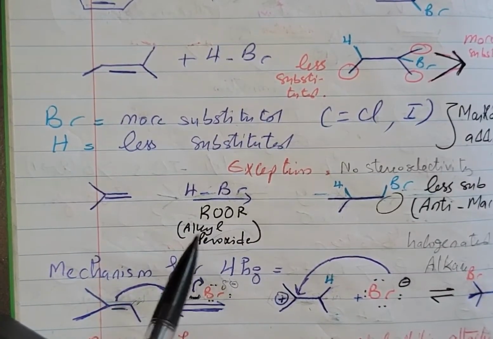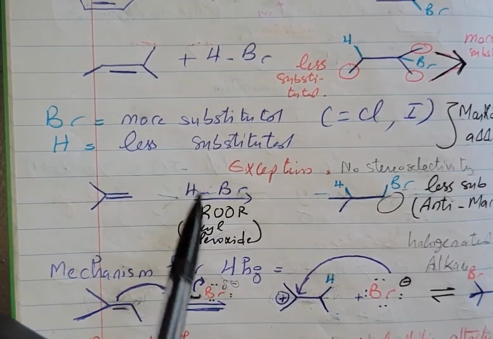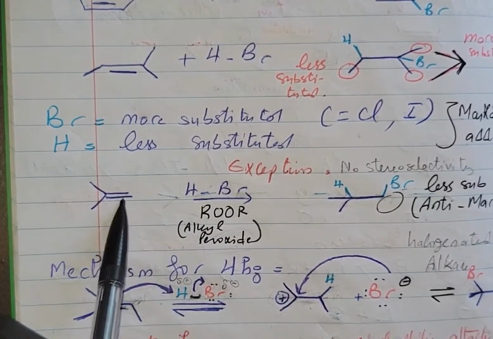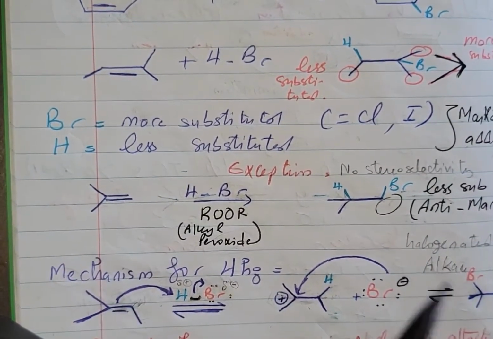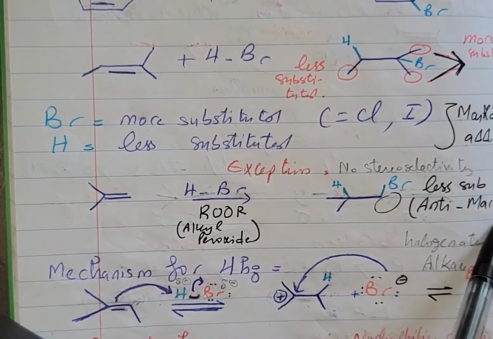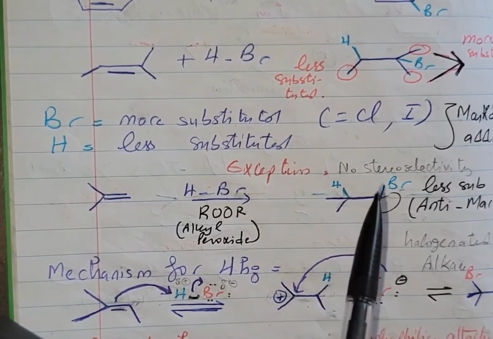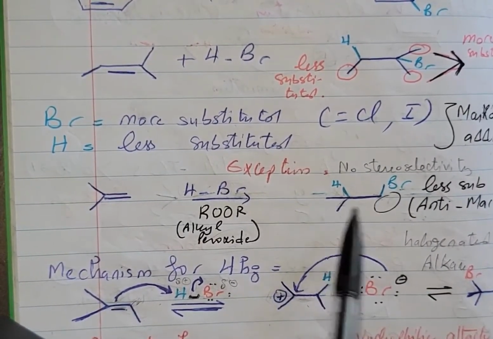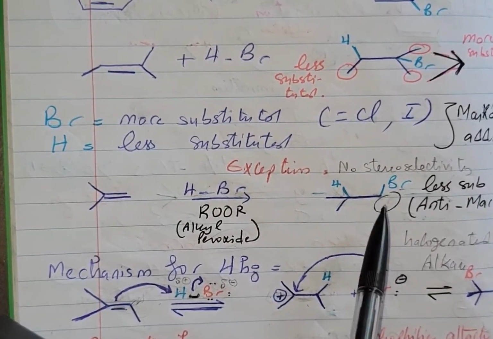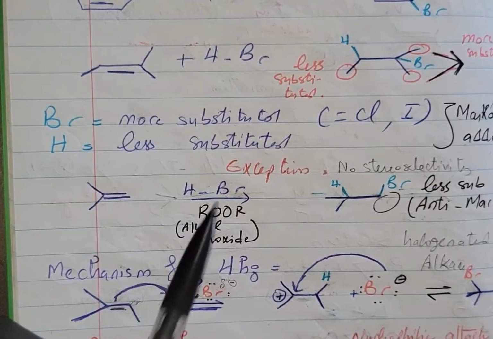So whenever you see an alkyl peroxide, like with the hydrogen and bromine reacting with an alkene, you have to follow what's called the anti-Markovnikov rule, which means that the hydrogen is going to be placed on the most stable carbon and the bromine is going to be placed on the least stable carbon here, as you see.